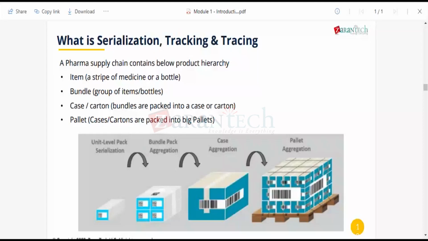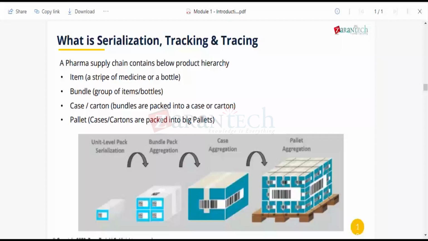We can have data sharing, meaning sharing serialized products with country authorities as well as other supply chain partners.